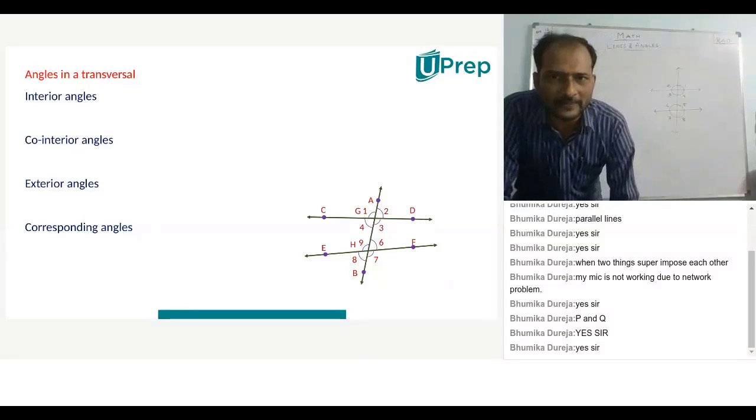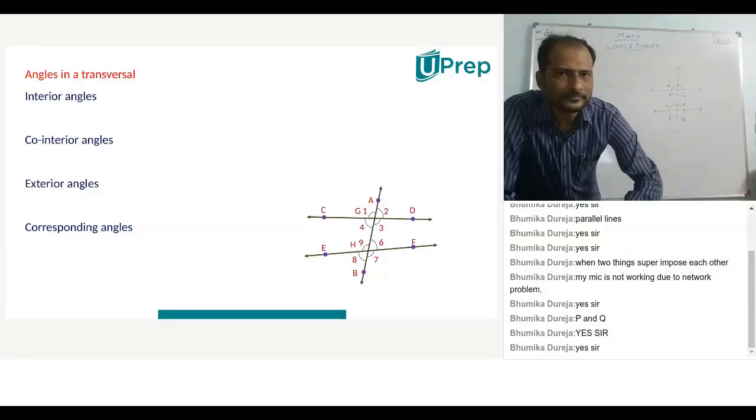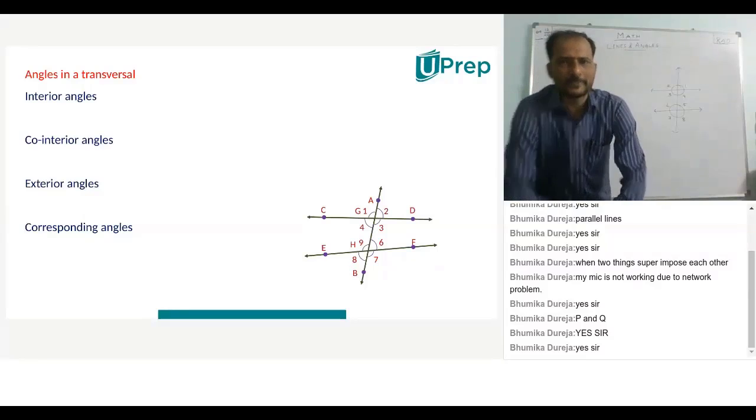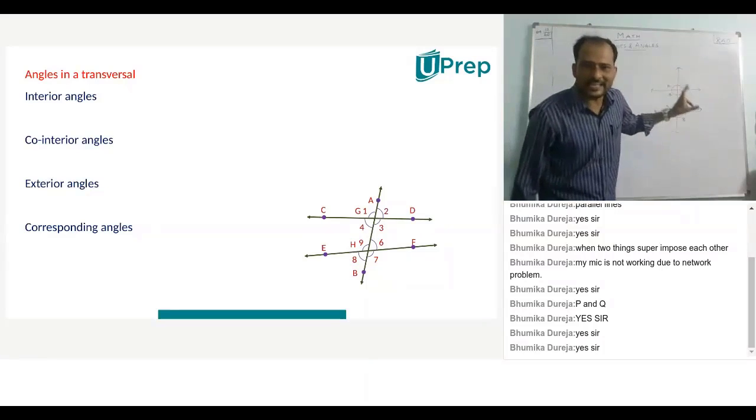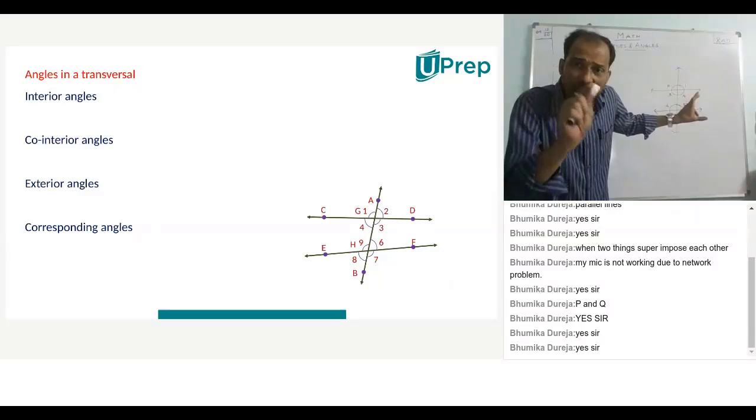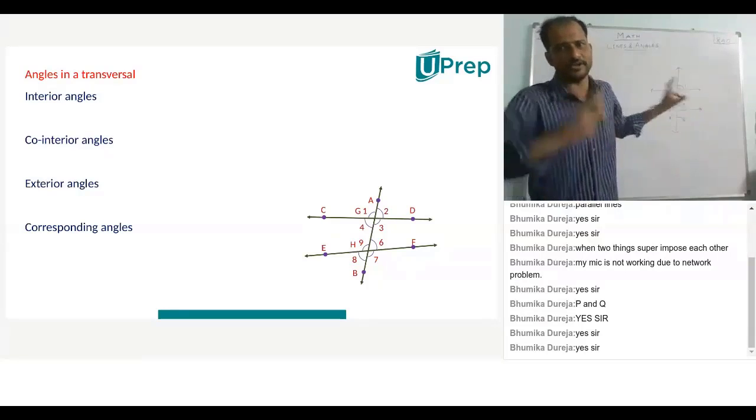Did you all understand, beta? Yes, sir. That's pretty good. So co-interior angles means the interior angles which lie on the same side of the transversal are called co-interior angles.